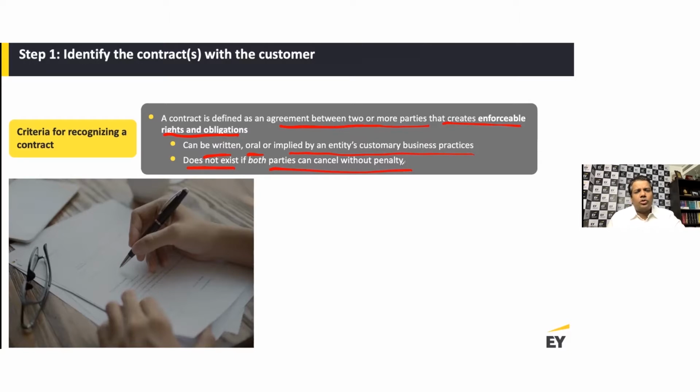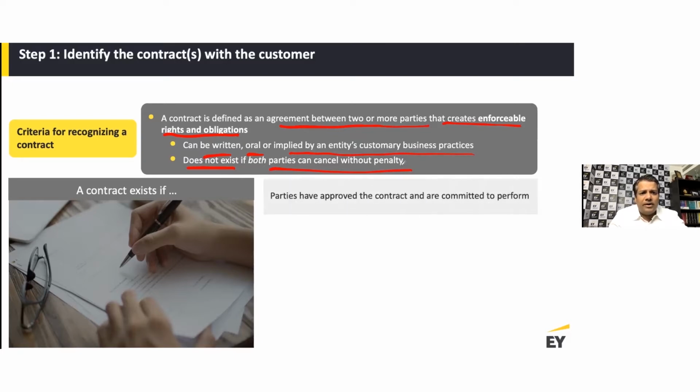That means there's no consideration to be exchanged, and no penalty. I enter into a contract, but I can exit that contract at any time. Then it's only a contract in relation to what has already been executed. From a future perspective, we're talking about a contract which is yet to be executed.